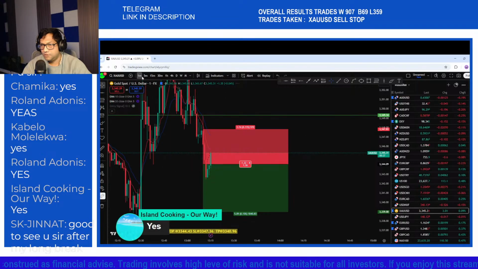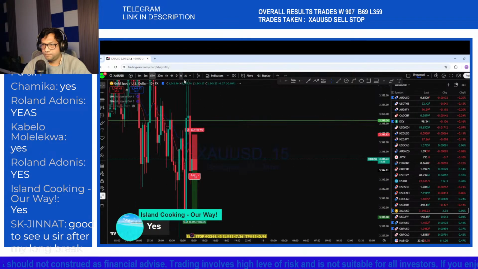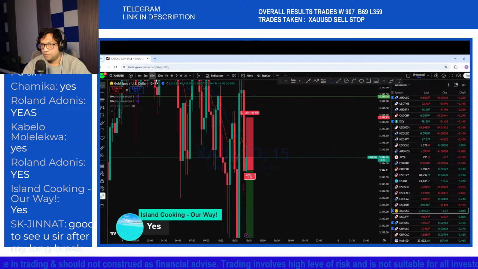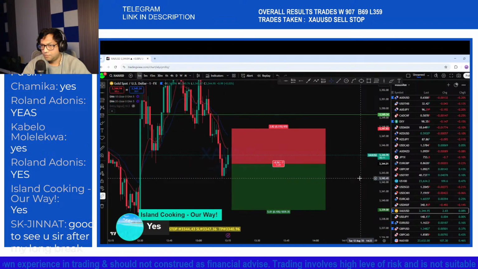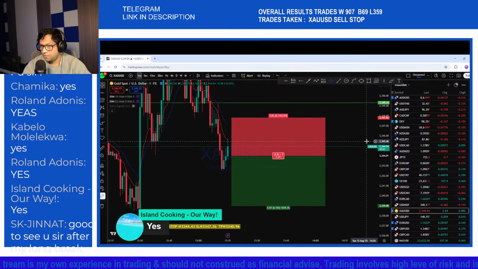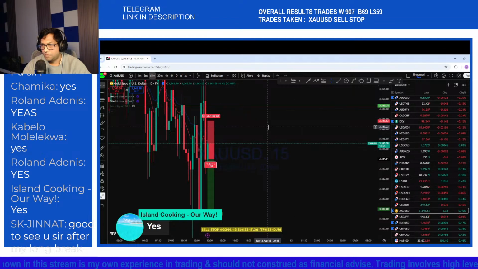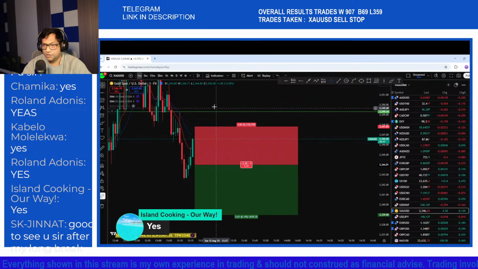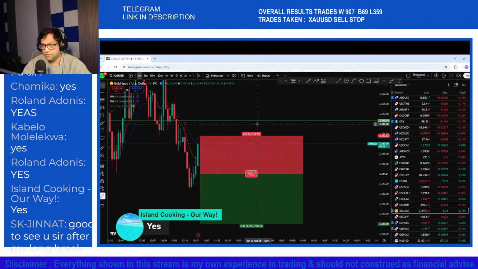So we're extended. Market in a... so it just started to bounce back again for a pullback, and it's a very tight stop loss as I mentioned earlier.